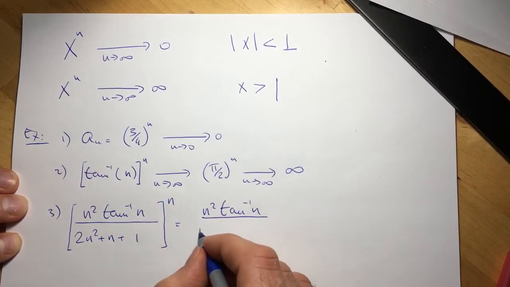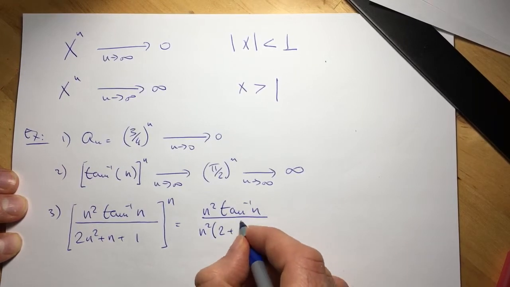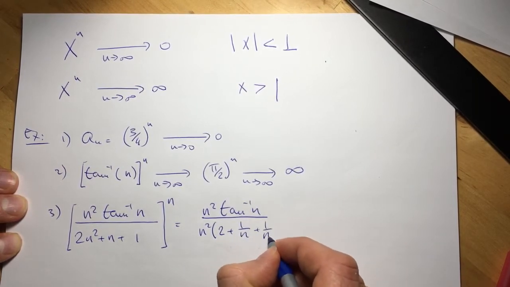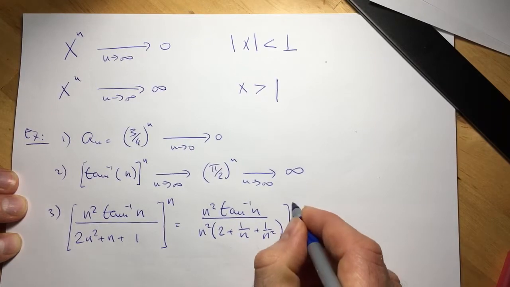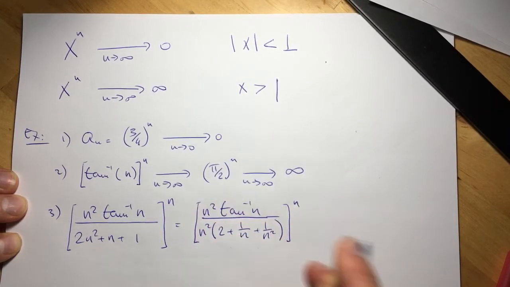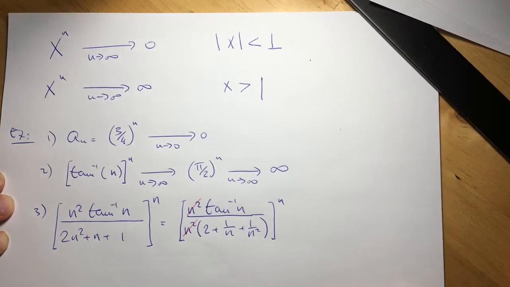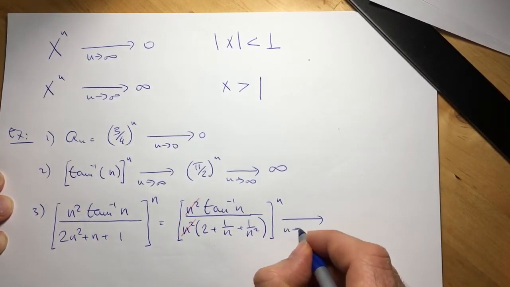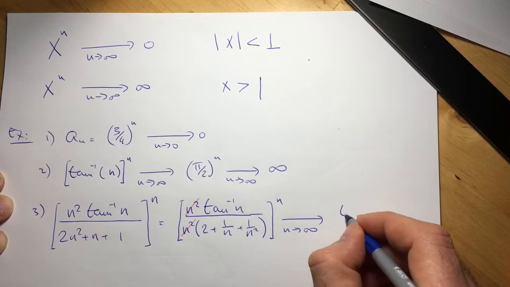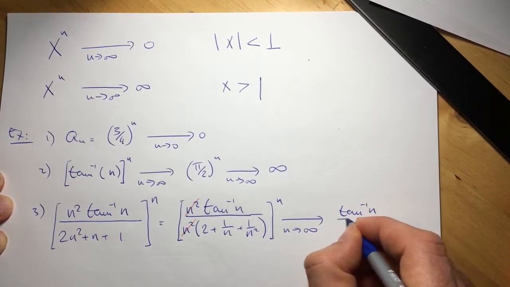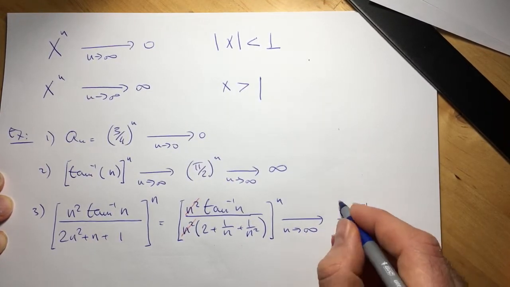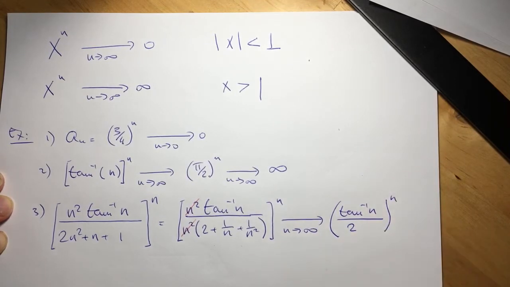Obviously I can factor n squared in the denominator, so you get 2 plus 1 over n plus 1 over n squared, raised to the power n, and then you cancel n squared and n squared. Now send n to infinity, you get arctangent of n over 2 to the power of n, because these will go to 0.